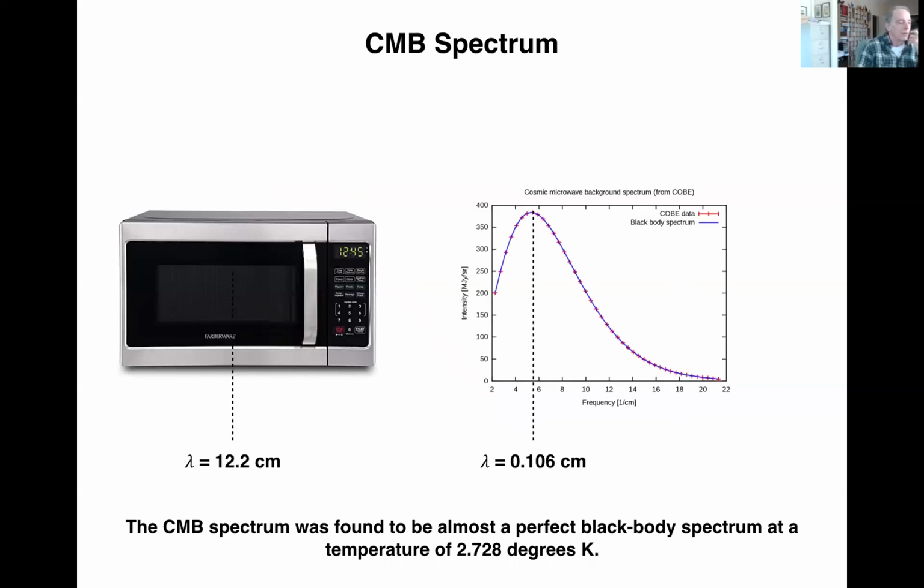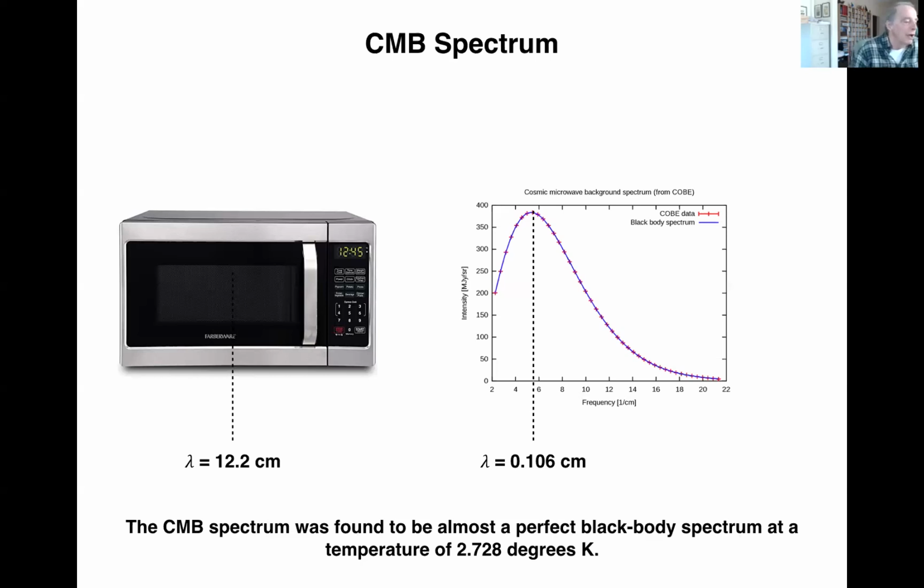So nowadays, the spectrum of the CMB black body radiation has a peak wavelength of about a millimeter, a little over a millimeter. And you can compare that with the microwaves of a microwave oven, where the microwaves have a band around 12.2 centimeters. So the CMB is characterized by wavelengths that are shorter than what you'd find in a microwave oven by a factor of about 100, but we're still talking microwaves.